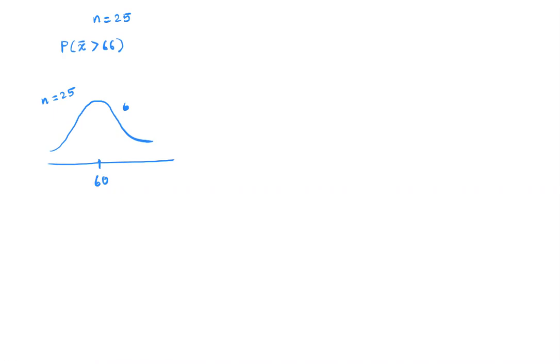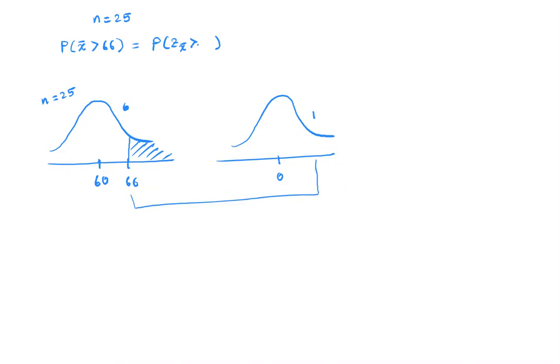We're going to go into the standard normal distribution for the sampling distribution, 0 and 1. Probability that z sub x bar is greater than something. So this is 66 right here, and this translates to a point right here.